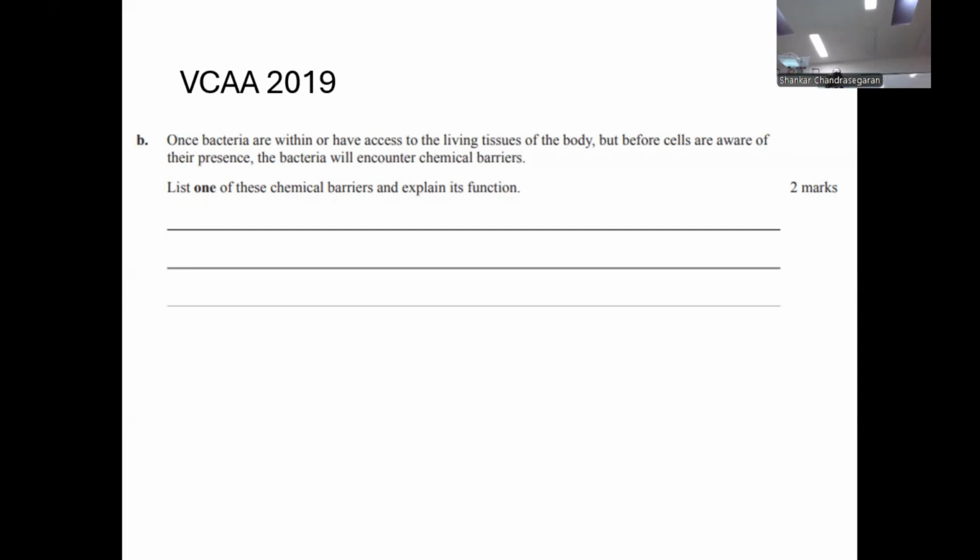Second is a chemical barrier. And then third is the microbial barrier. When we're talking about chemical barriers, we're talking about places where there are certain chemicals involved to prevent microorganisms from getting a foothold. For example, what is in your tears and saliva that acts as a chemical barrier?